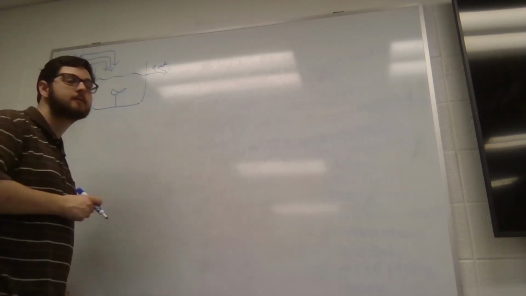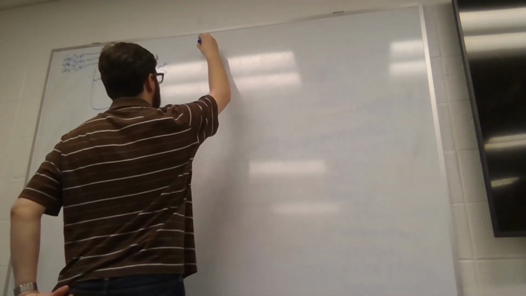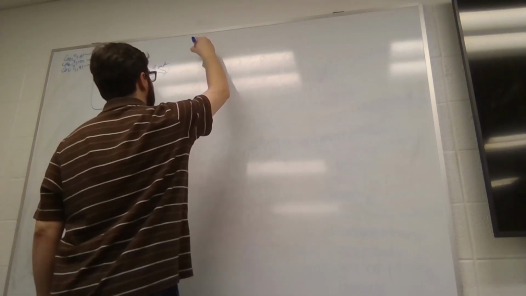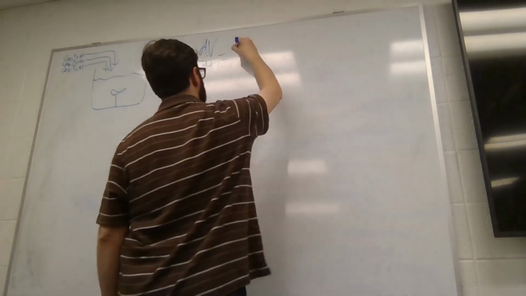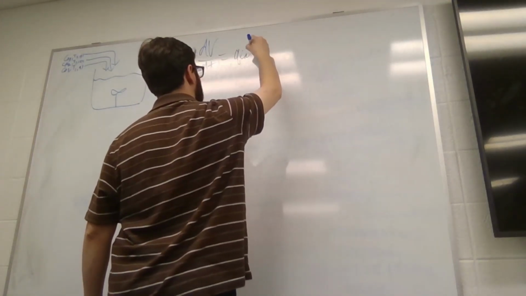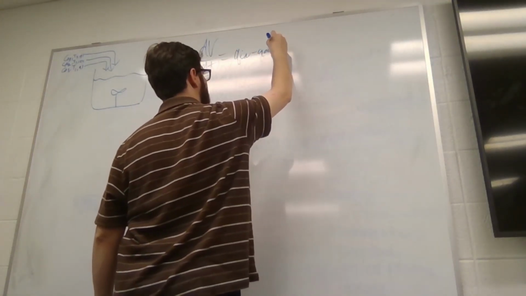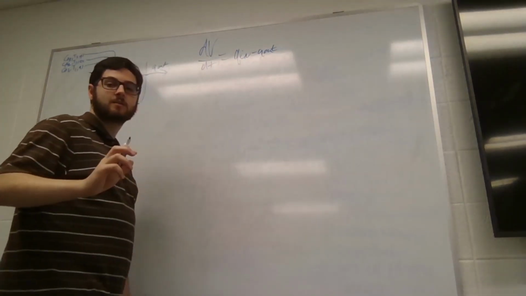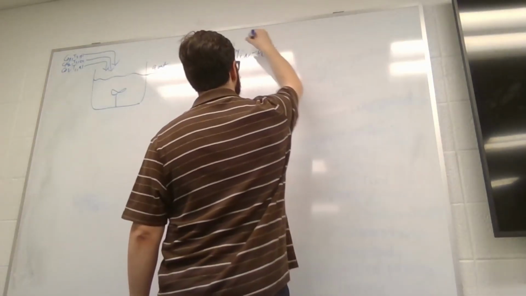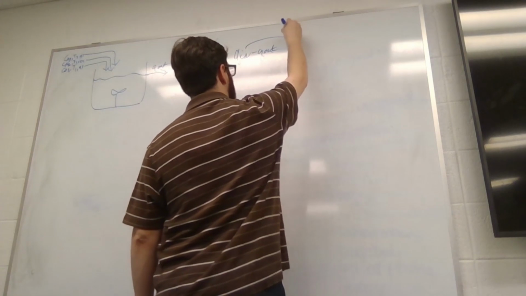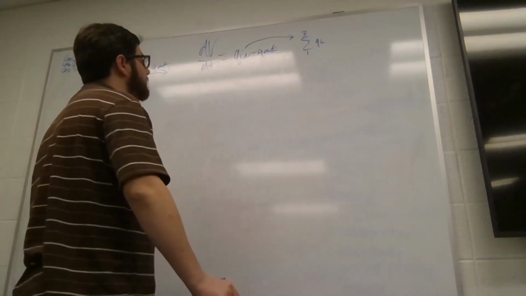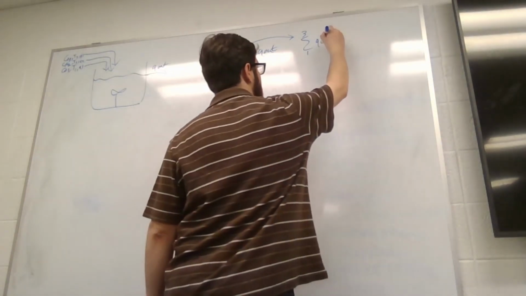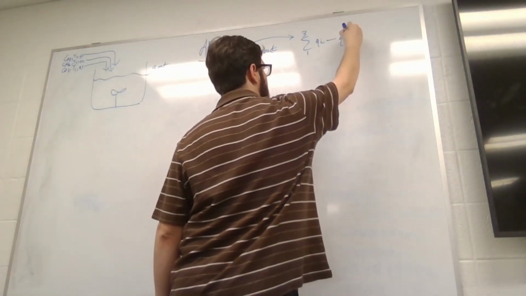First, we have to find the volume change, which is Q in minus Q out, as always. But since we have three streams, the Q in term is going to be a sum, so it'll be the sum of Qi minus Q out.